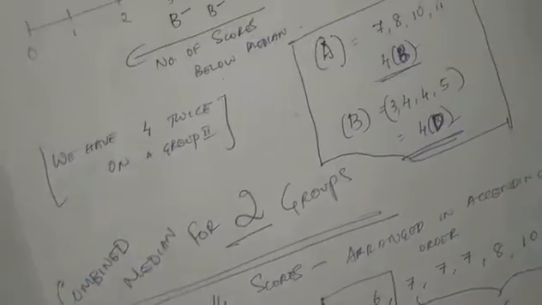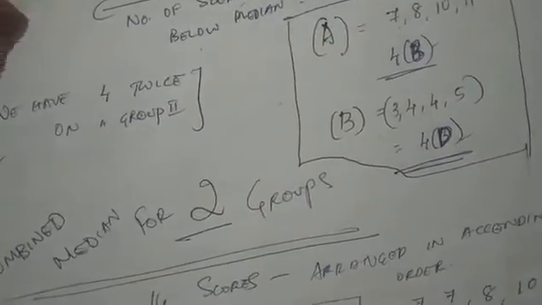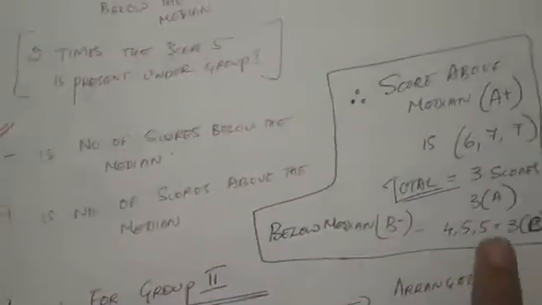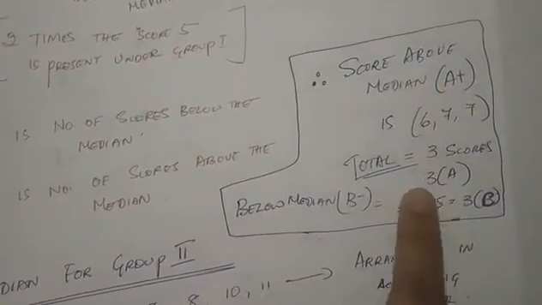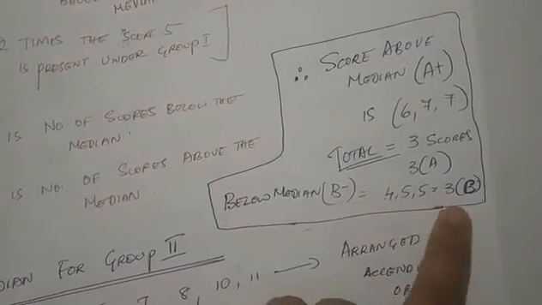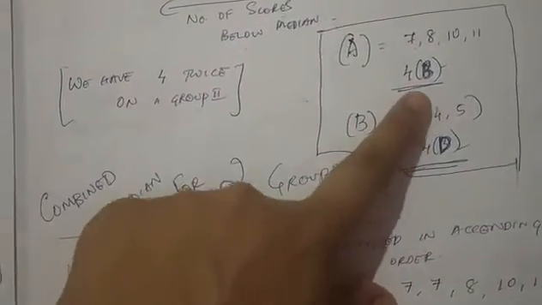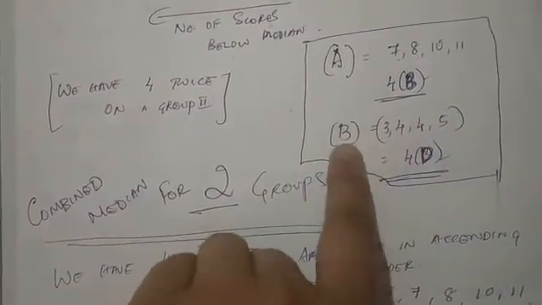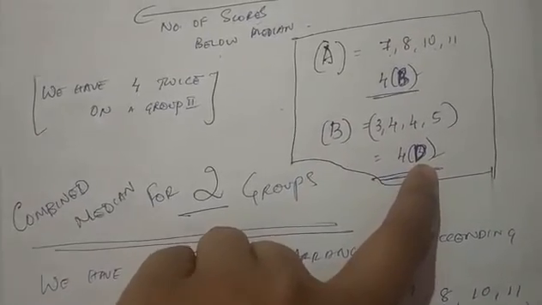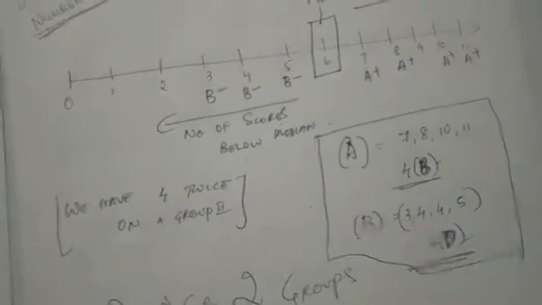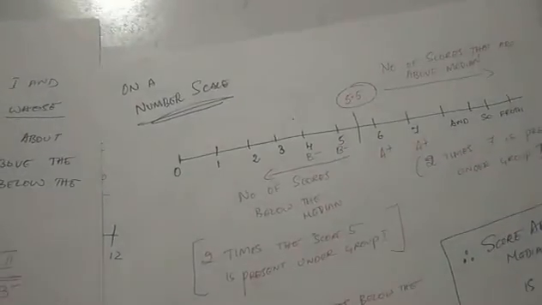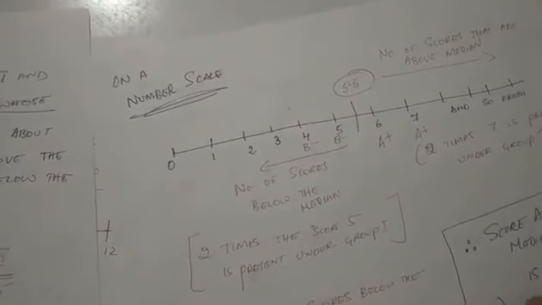Same way we have dealt here with, here you can see the number of scores above the median is A, the number of scores below the median is C. Here the number of scores above the median is B, and below the median is D. So this A, B is what we defined earlier: A plus is the number of scores above the median and B minus is the number of scores below the median.